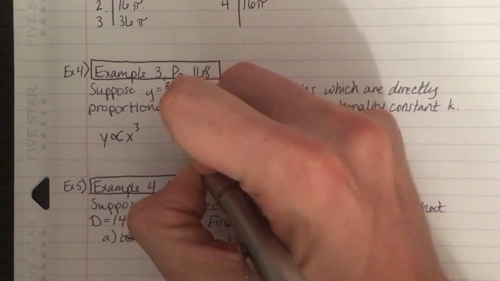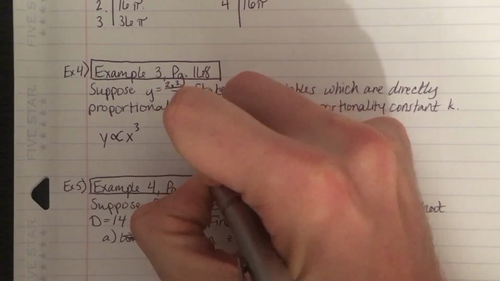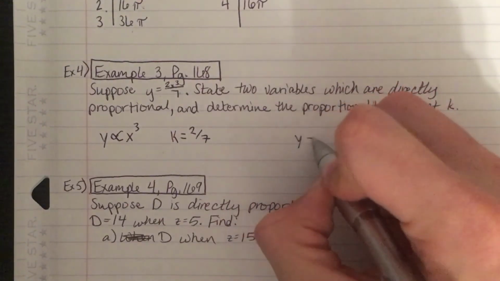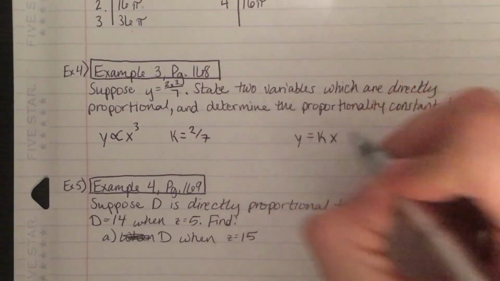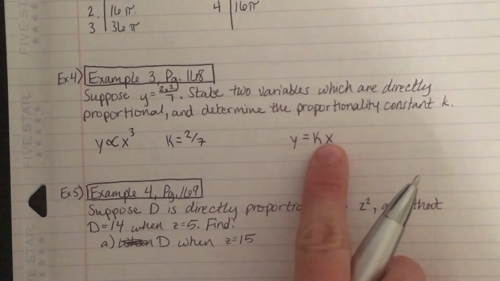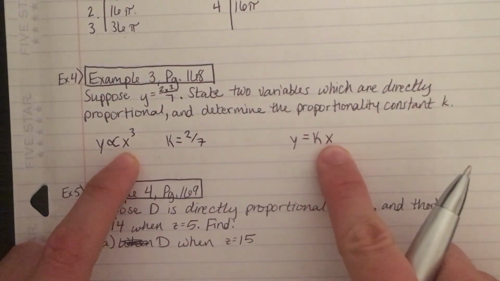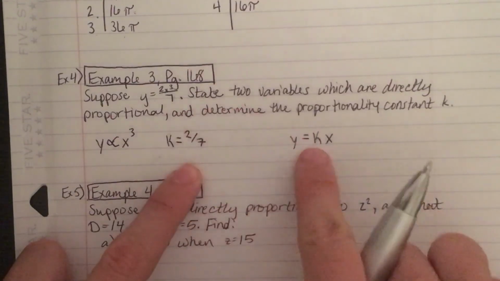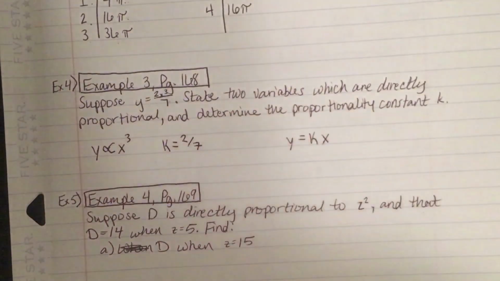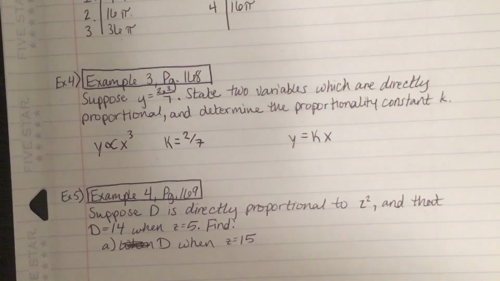There's technically a little bit of division in it, but as far as it being in the form of y equals kx, we're saying that x is effectively the same thing as x cubed here for all intents and purposes, and that k right there is going to be 2/7. So that was all that we had to do for that problem: just say which 2 variables are directly proportional, and what is that constant of proportionality.